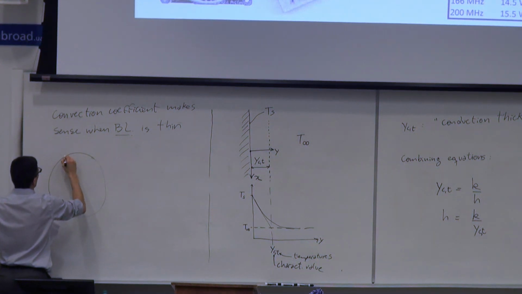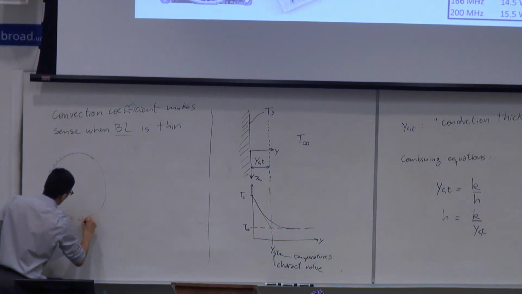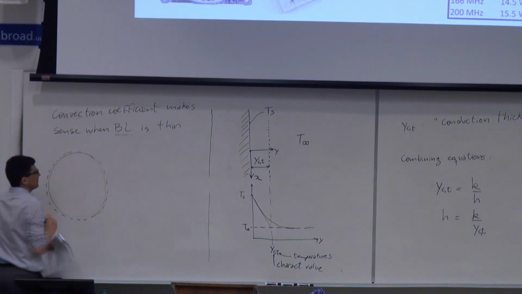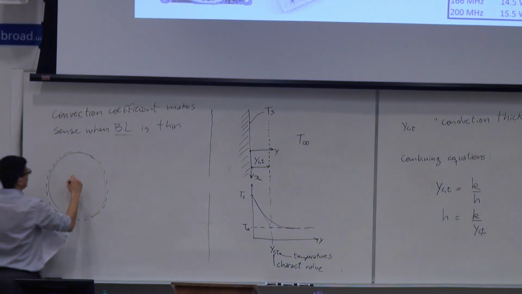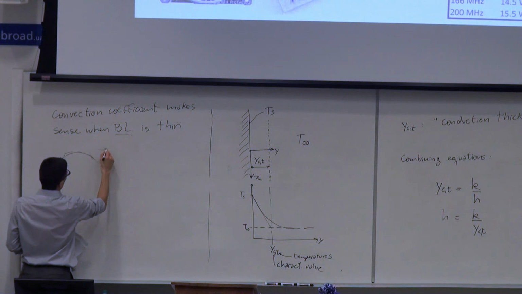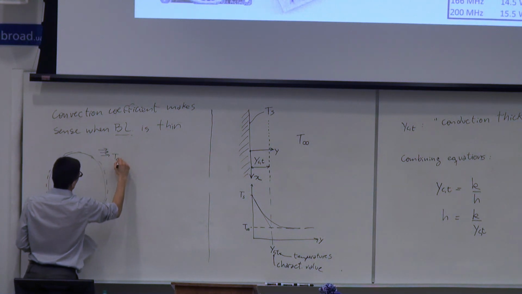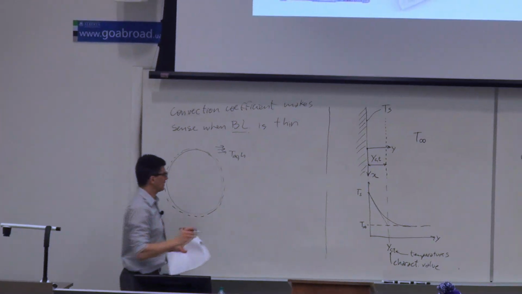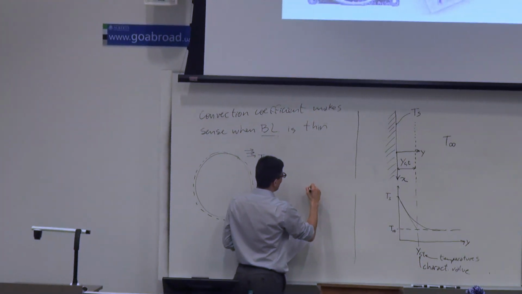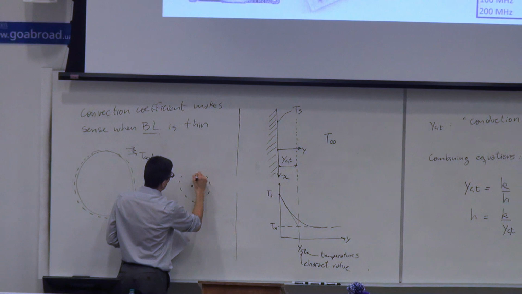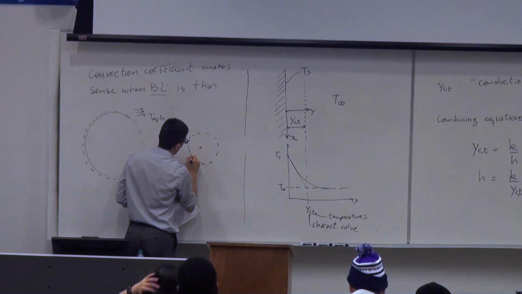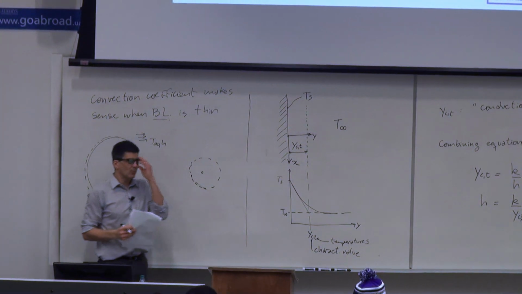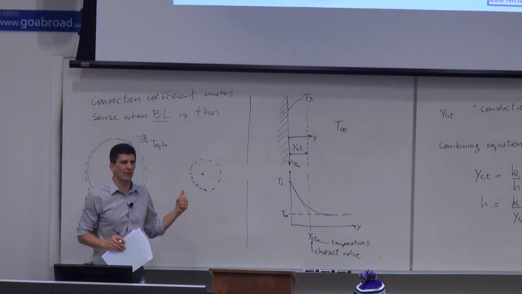imagine I have this body and I have this boundary layer here. If I were to have this solid and here some convection, yes, this is okay. But if I were to have this little ball and the boundary layer was thick as this, do you think this is a convection problem?